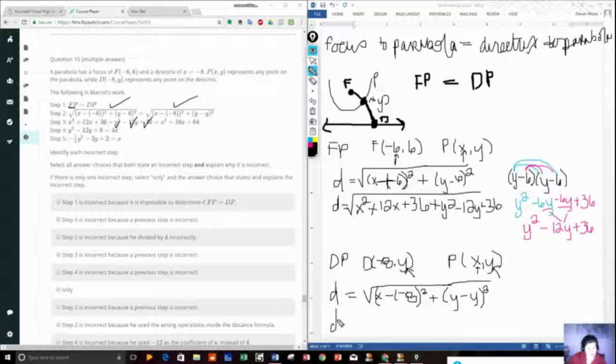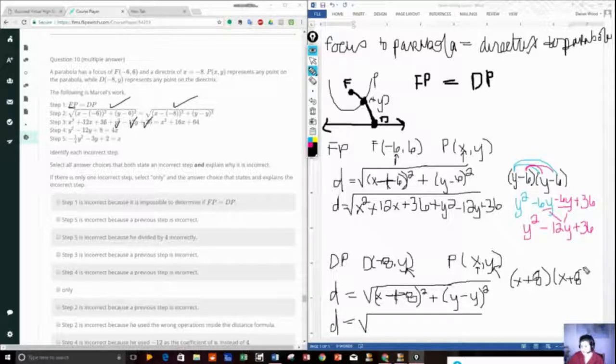So we're going to have d is equal to the square root of, and remember, this minus a negative 8 is going to be plus, and that squared means that we're going to take x plus 8 and multiply it by itself, which is x plus 8.